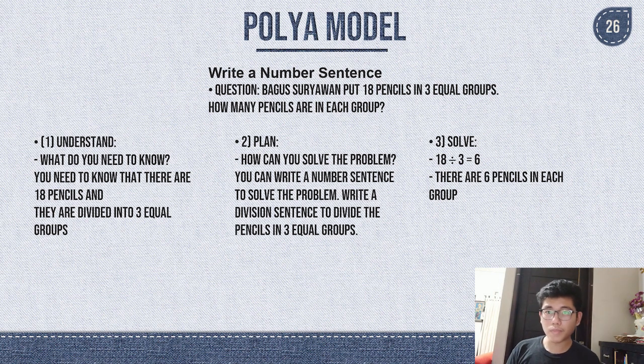And the last step is solve. We know that 18 can be divided by 3, and the answer is 6. There are 6 pencils in each group. The use of this method is effective for students in learning mathematics.